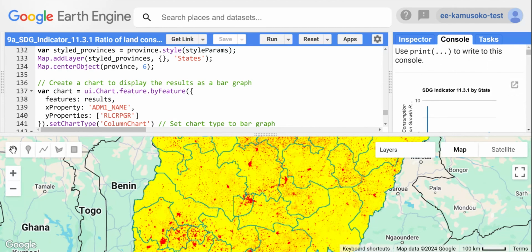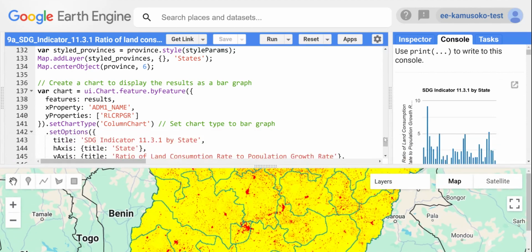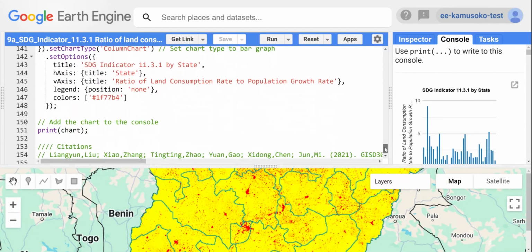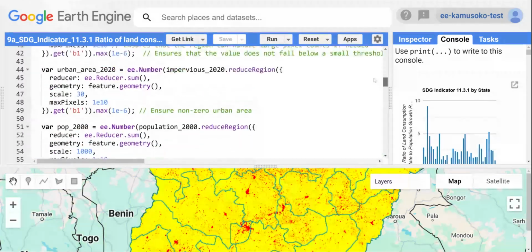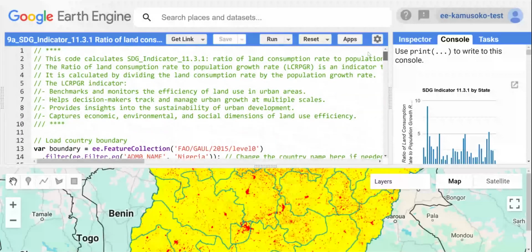So please, you can use it for your country of interest. And also, if you've got your data sets, you can load them to Google Earth Engine. For example, if you've got your impervious surface, you can load it. Or if you've got your population data, you can also load it and then run this script to get your results.